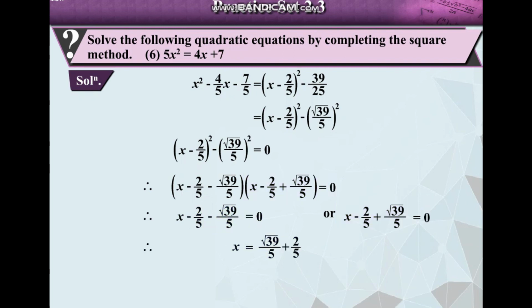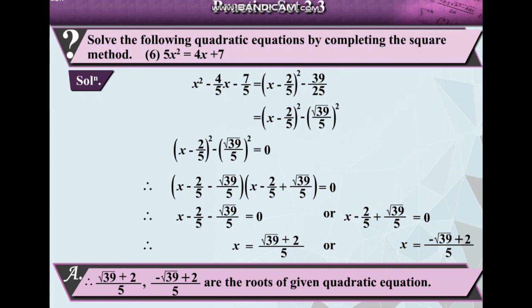Therefore, x is equal to root 39 upon 5 plus 2 upon 5, so x is equal to root 39 plus 2 upon 5. X is equal to 2 upon 5 minus root 39 upon 5, so x is equal to minus root 39 plus 2 upon 5. Therefore, root 39 plus 2 upon 5 and minus root 39 plus 2 upon 5 are the roots of the given quadratic equation.